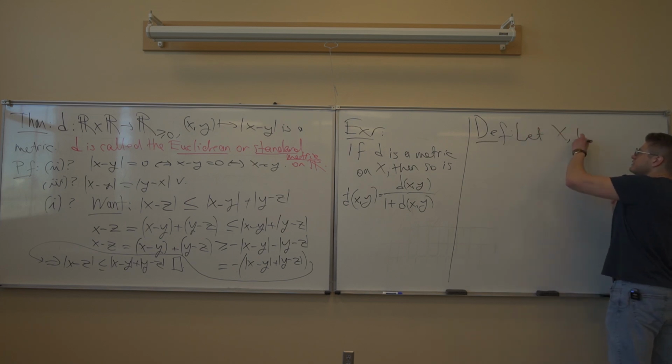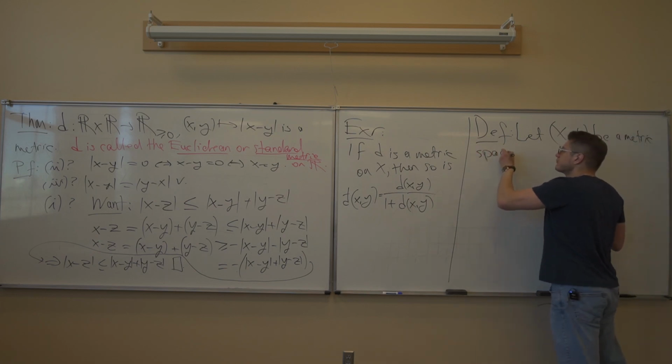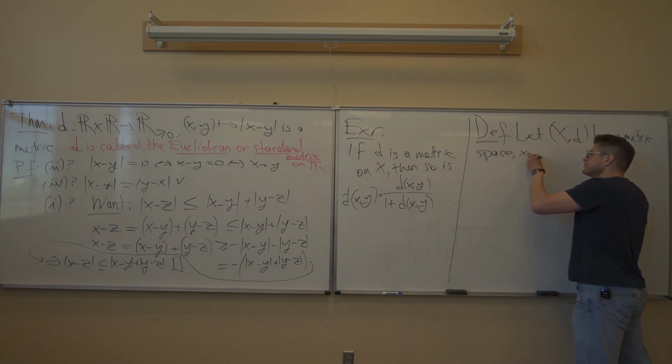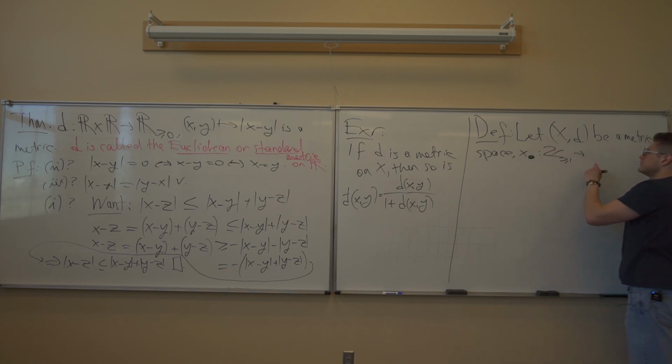Let (X, d) be a metric space. So a metric space is a set with a metric, of course. And let x bullet, a map from the natural numbers into X, be a sequence.